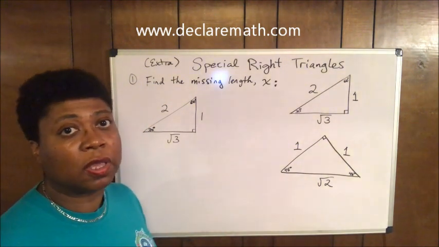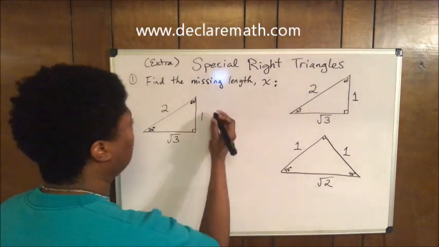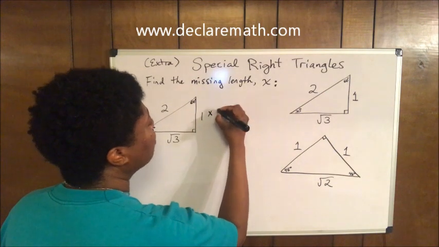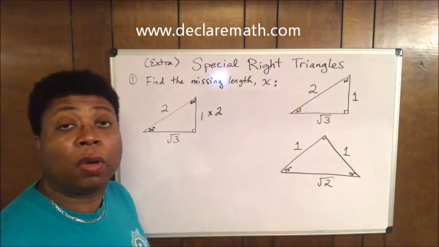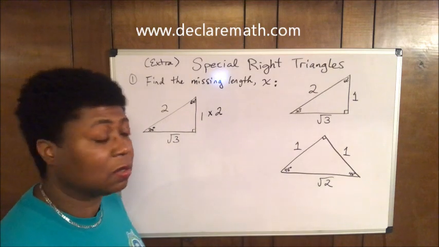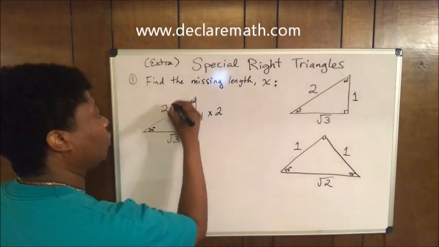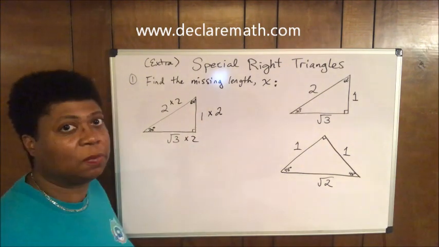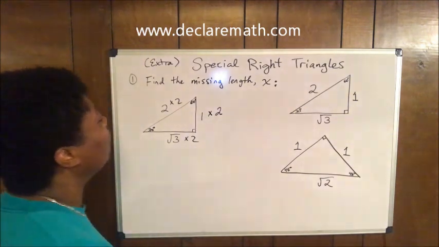So the value that we were given was 2, and that was opposite of our 30-degree angle here. But in this case, it's not going to matter because what we essentially did was multiply this side by 2. What you do for one side of the equation, you have to do for the other side. So if I'm going to multiply this side by 2, I have to multiply this side by 2, and this side by 2. Just multiplying by 2 all over the place, just doubling. So that's what we did.